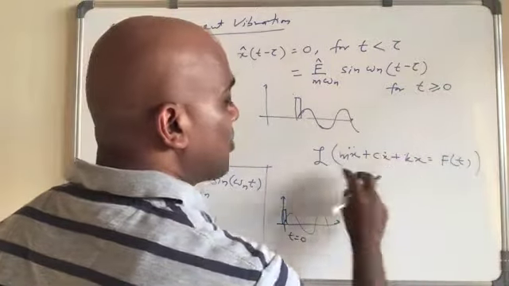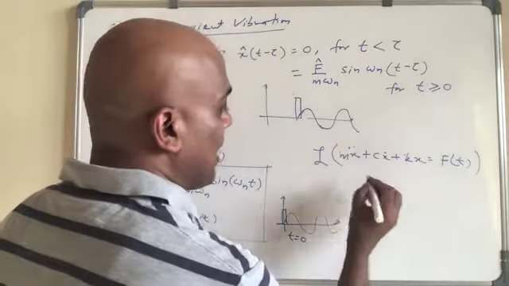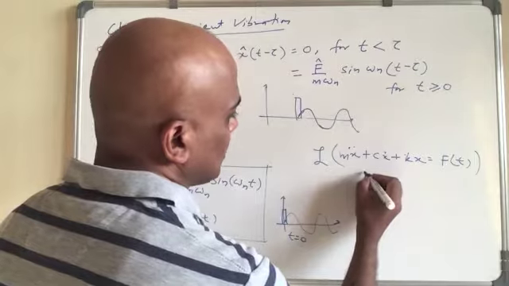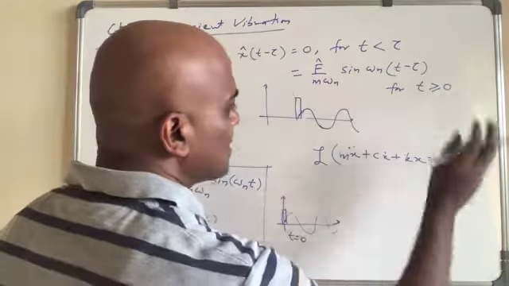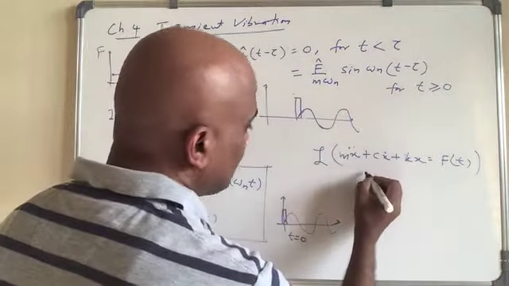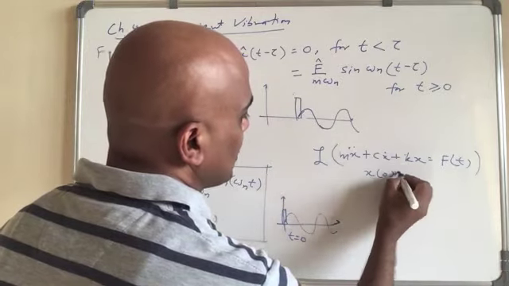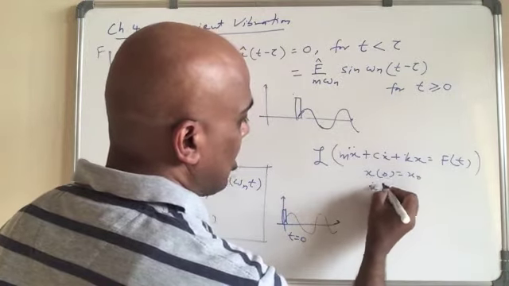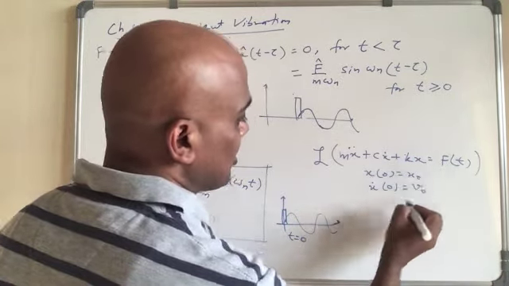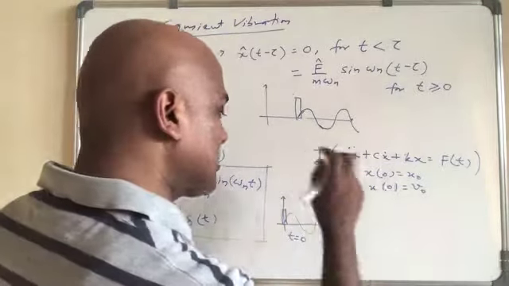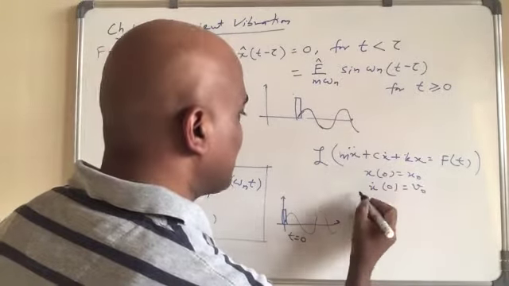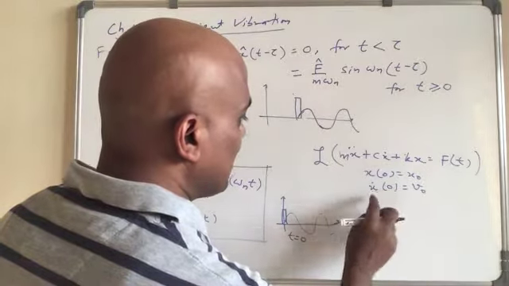We know if you apply the Laplace transform, regardless of what you have, there may be some initial values, x(0) = x0 and x dot (0) = v0.